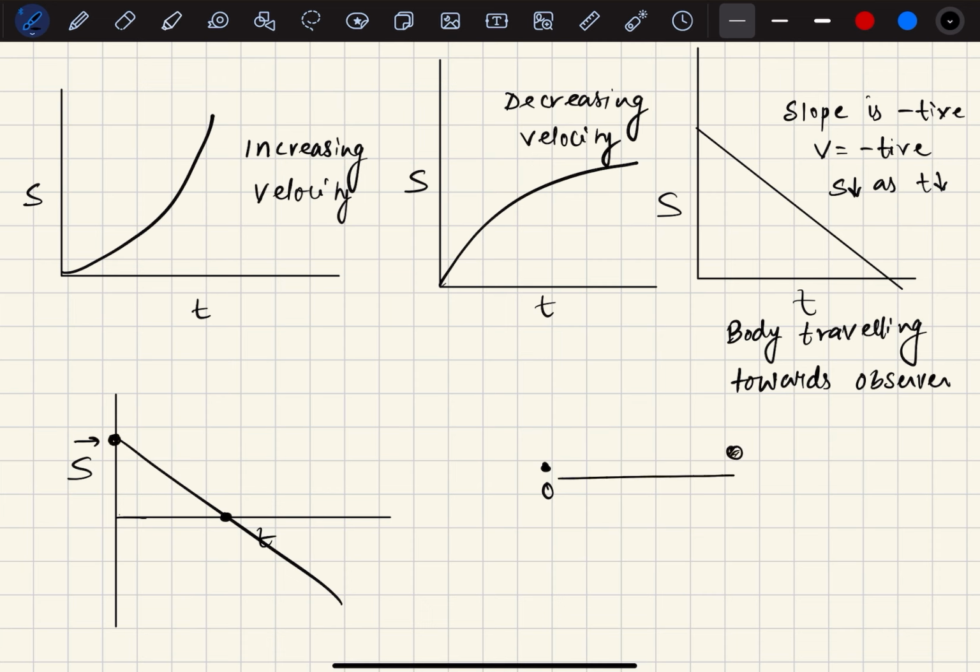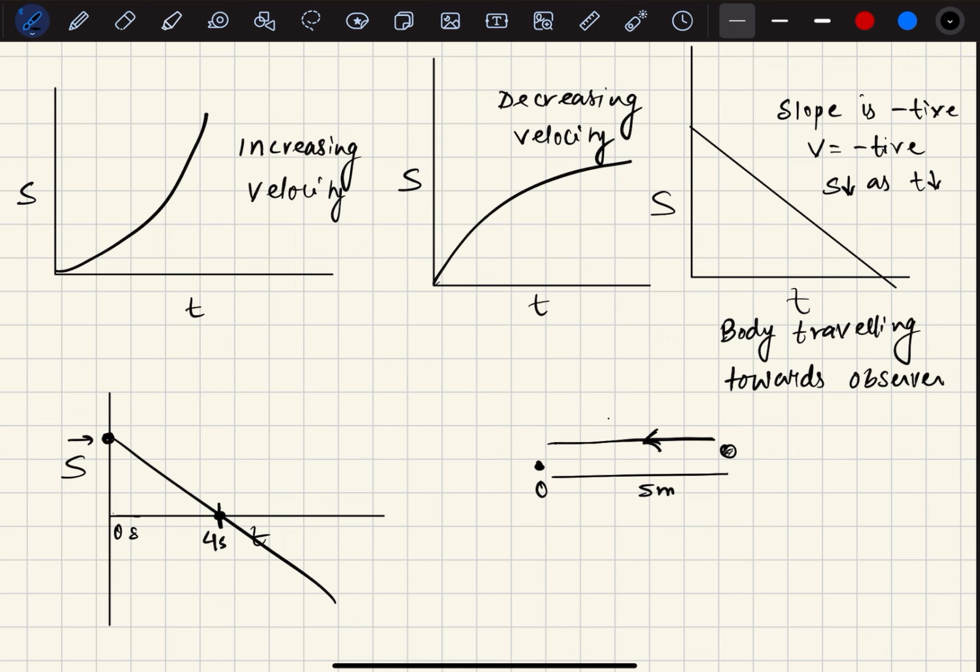The body comes towards the observer from 0 seconds to say 4 seconds. As the body is coming towards the observer, as time increases, displacement is decreasing.